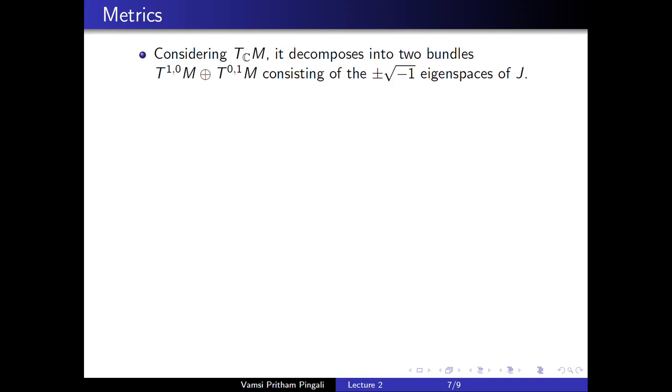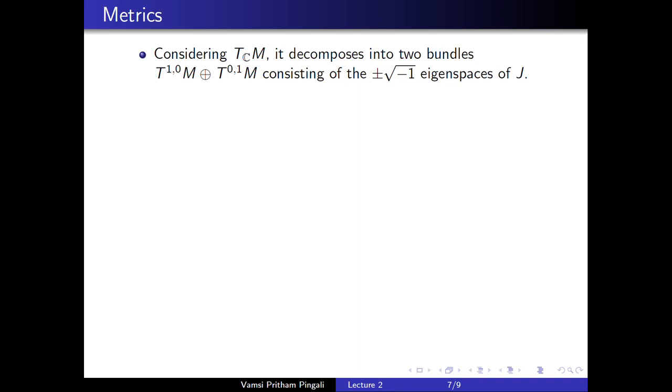Now, you can prove very easily that C2 is a direct sum of 2 complex vector spaces. C2 is C direct sum C, where each of these C's is an eigenspace of the almost complex structure. One having eigenvalue square root of minus 1, the other minus square root of minus 1. This is a more general phenomenon.